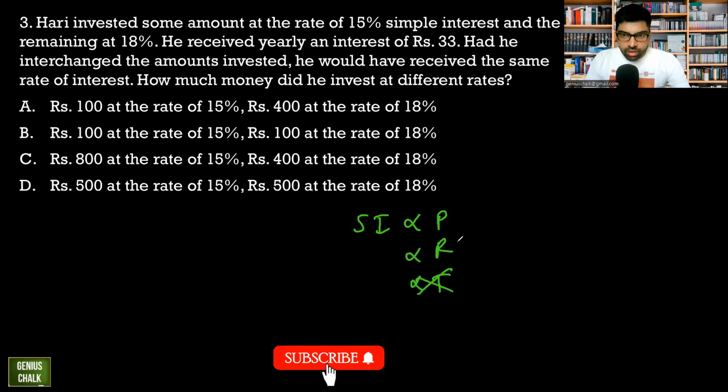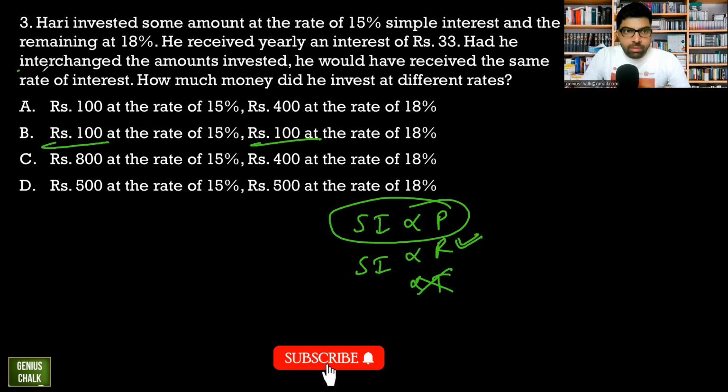Now if the rate is the same, simple interest is directly proportional to principal. That's why in this case we are getting the same value of principal. So always remember, when we interchange the amounts and the rate is same, the principal amount will always be same.